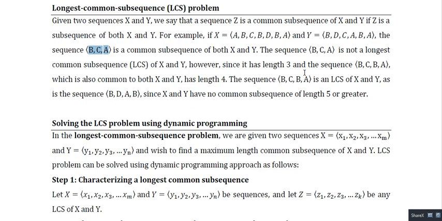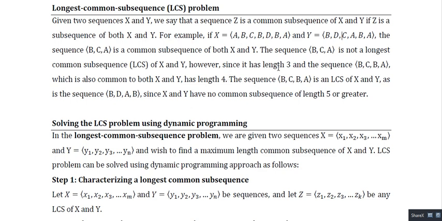For example, we can take the subsequence BCBA, which is present in both x as well as in y. I think no other common subsequence having length more than 4 is possible.